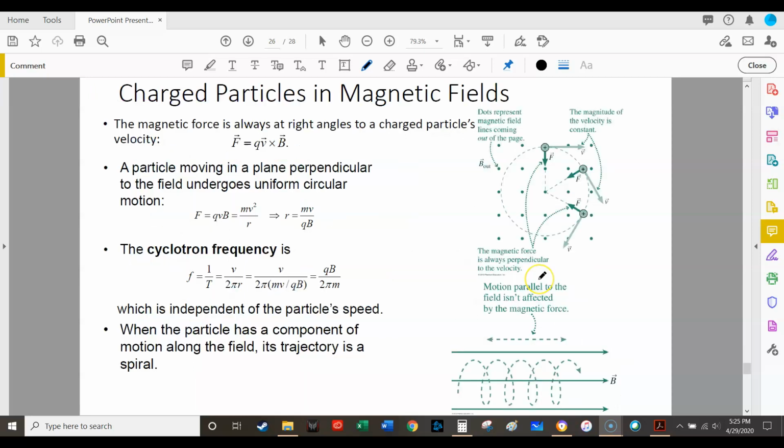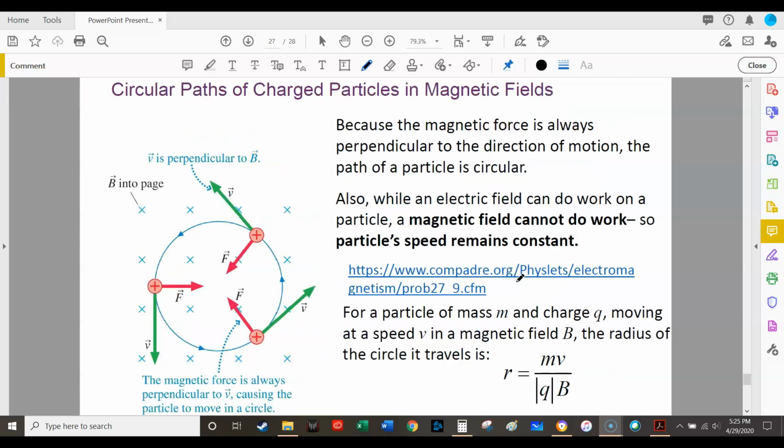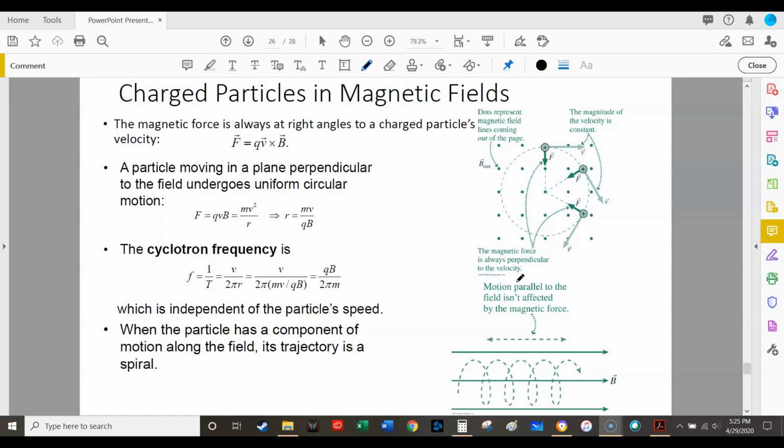Okay? So now let's move on to something that's really cool, what is basically a mass spectrometer. So I skipped ahead a few slides, but here we go. If you have a charged particle that's moving along, minding its own business, I'm going to draw this.